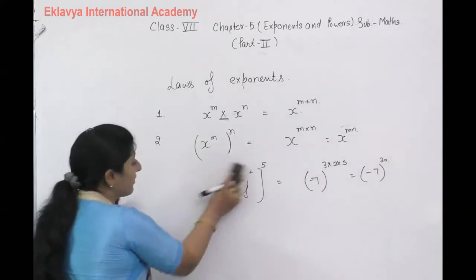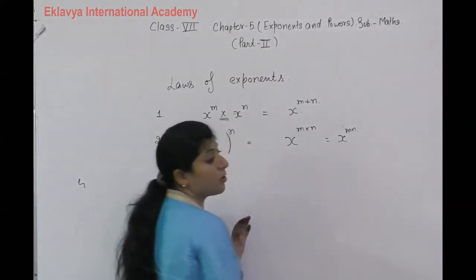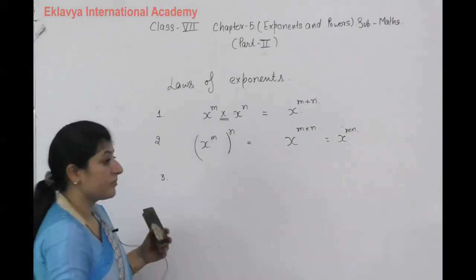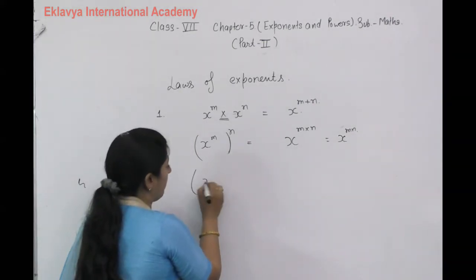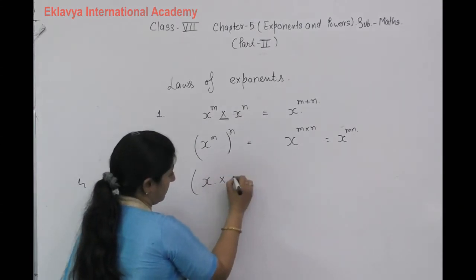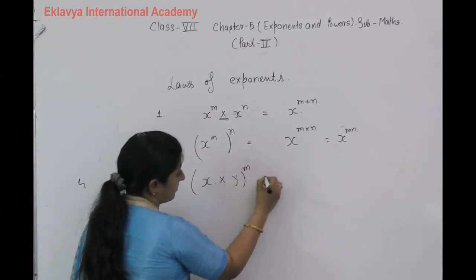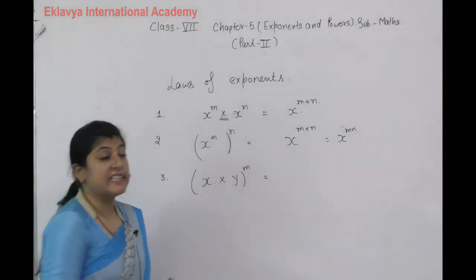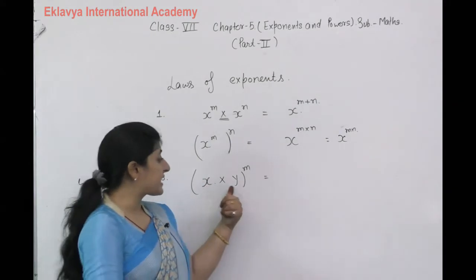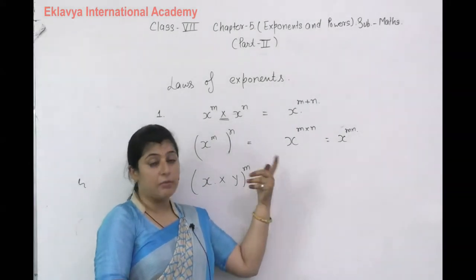Now see the third law of exponents. Suppose the base is different but the power is the same. Here the bases are x and y and the power is m on both.